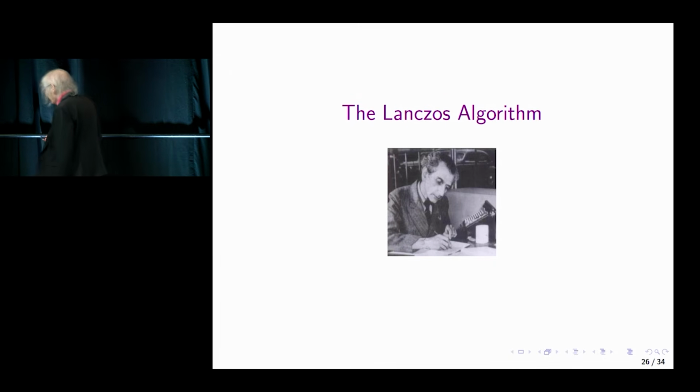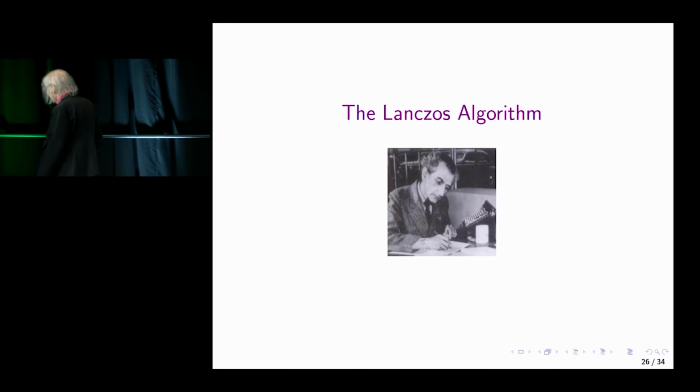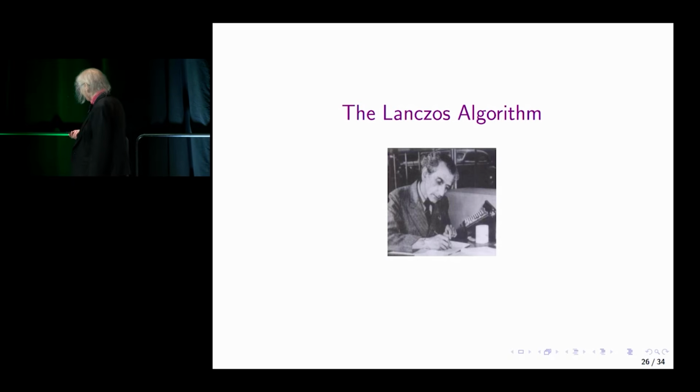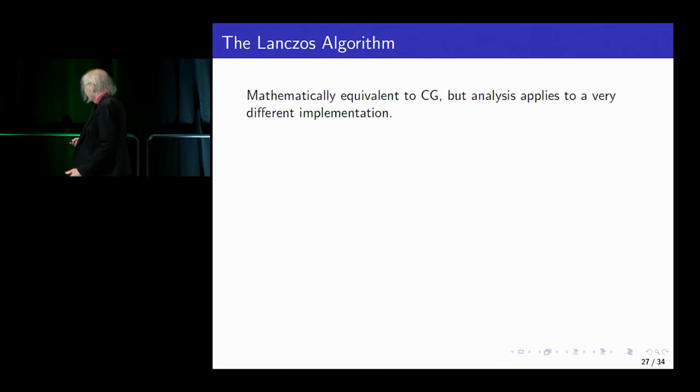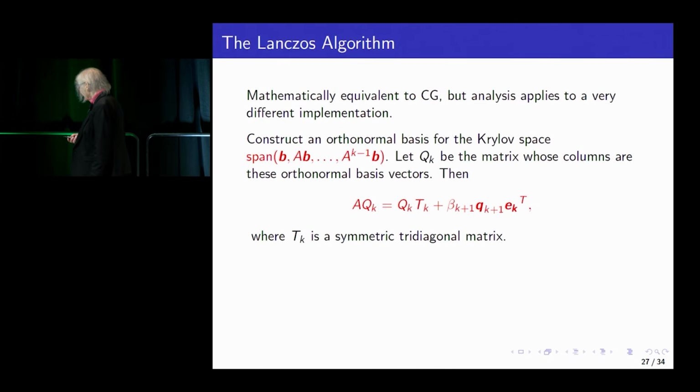All right, I want to say just a little bit about the Lanczos algorithm. This is a picture of Lanczos. It's mathematically equivalent to conjugate gradients, but the analysis of the Lanczos algorithm in finite precision arithmetic really applies to a very different implementation than conjugate gradients.